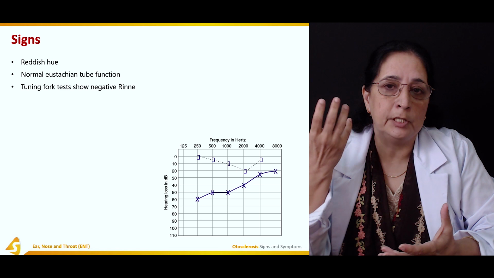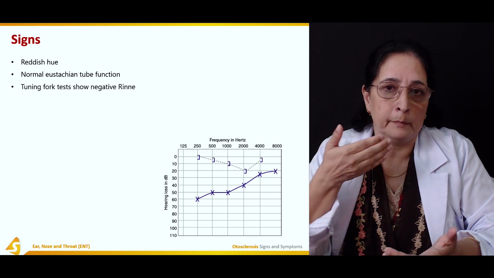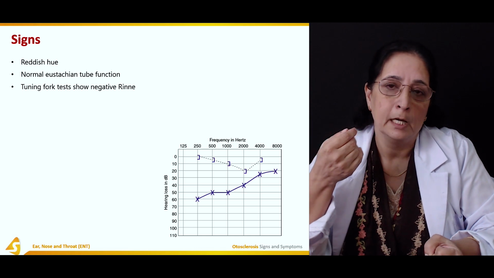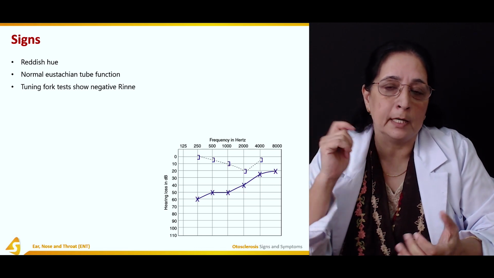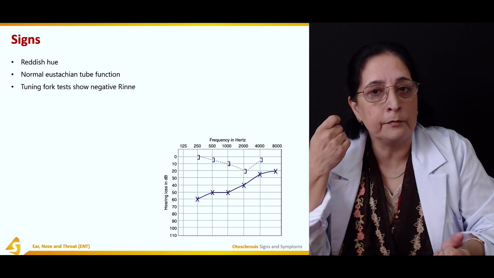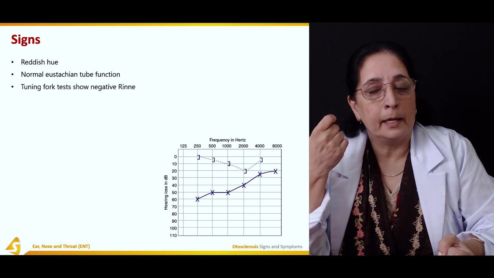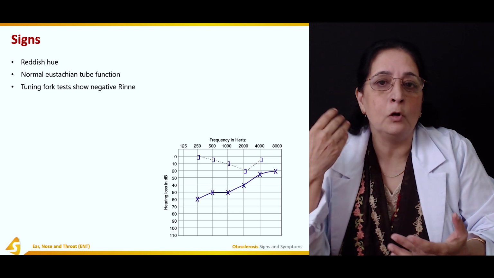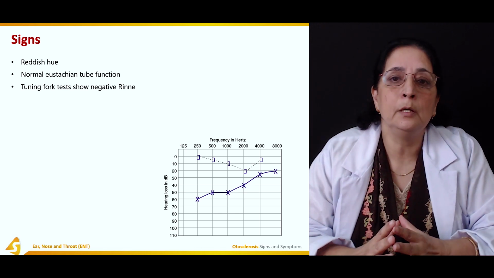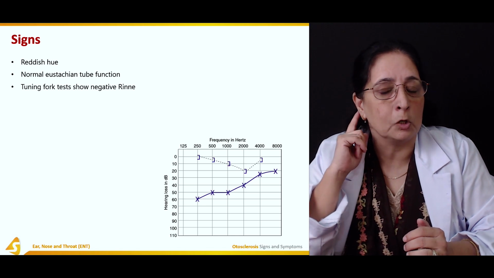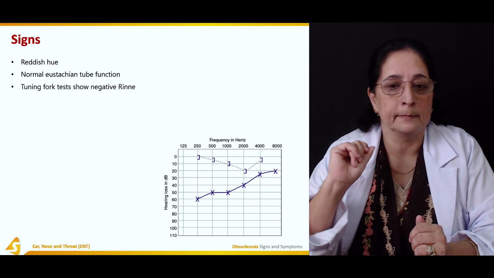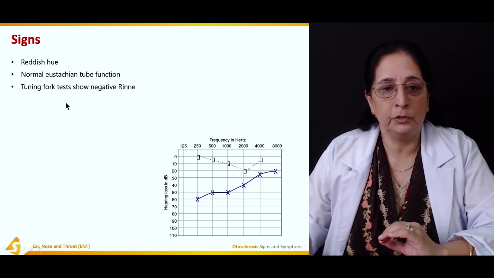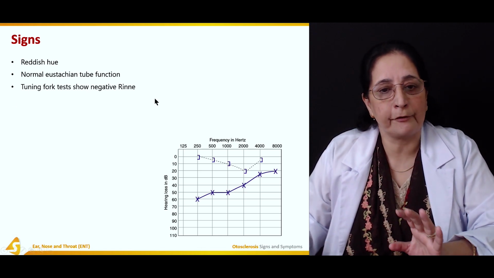Air conduction is usually longer than bone conduction. Once the tuning fork is vibrated and placed in front of the ear, the patient can hear the sound longer compared to when it is placed on the mastoid process. So this is negative. So with the tuning fork, air conduction shows a negative Rinne test.